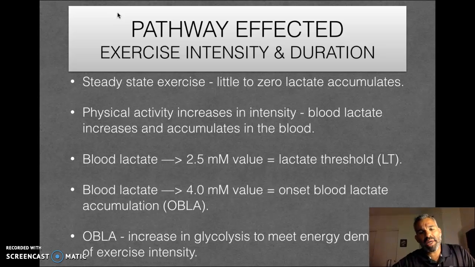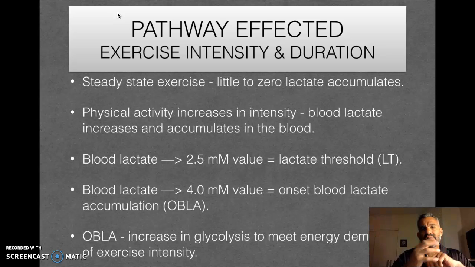Once we reach OBLA, this indicates that there is an increase in glycolysis to meet the energy demands of exercise intensity. So again, in the steady state, low to moderate intensity, there's no disruption.